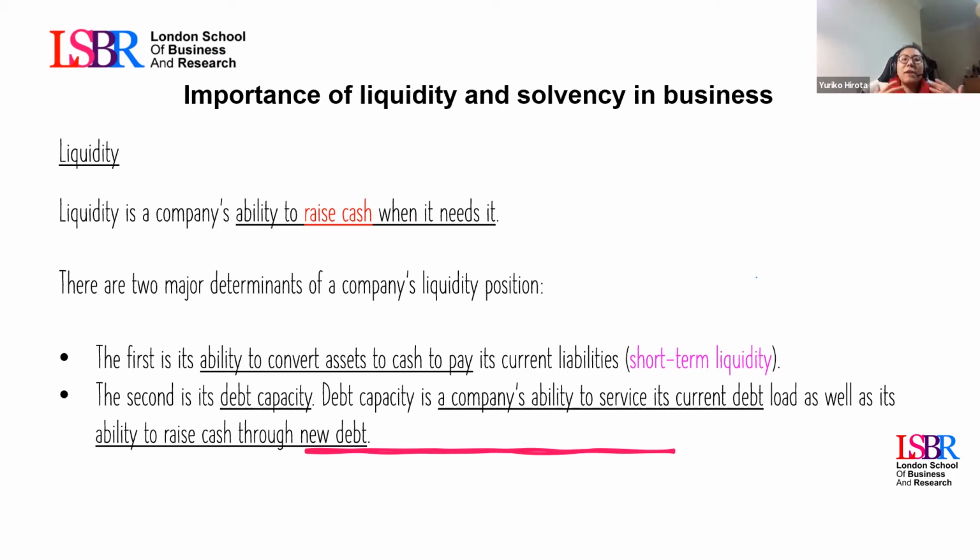So when we think about liquidity, we need to think which is the faster way to get cash. So liquidity is a very important concept in order to raise cash, but also in a specific period, depending on the necessity of the company. So we were talking about the two determinants.